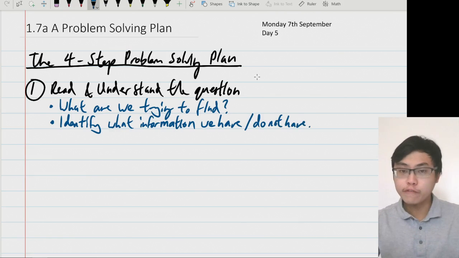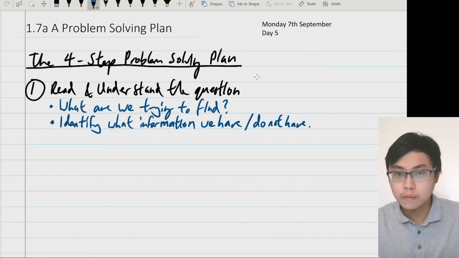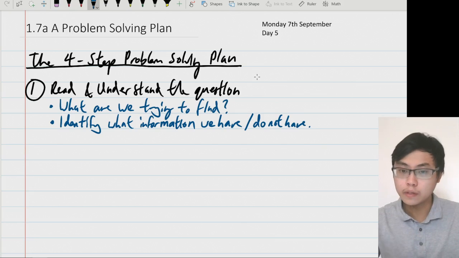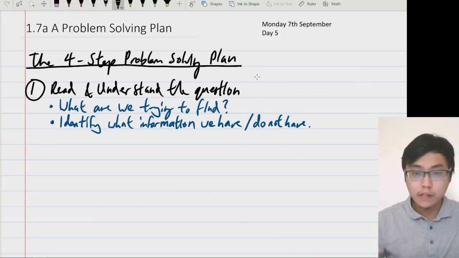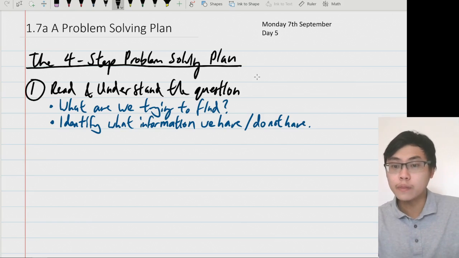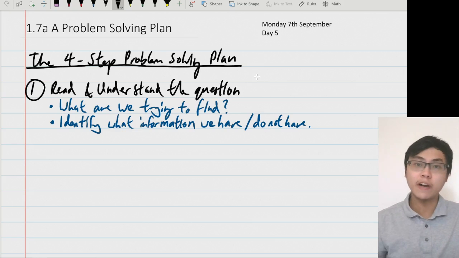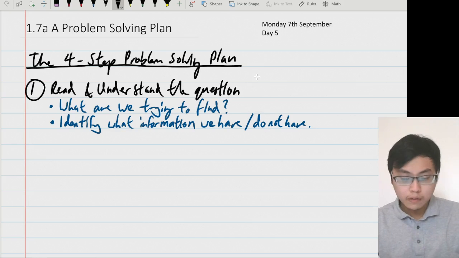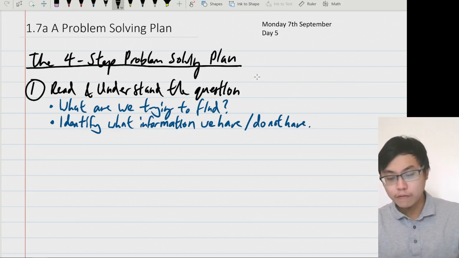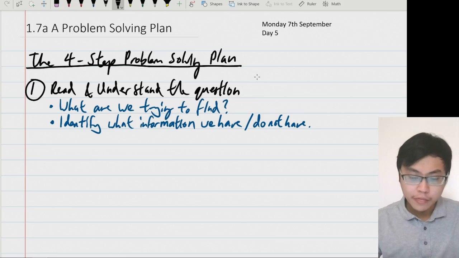Knowing what information we don't have is also important because that might be part of the strategy, and that might be part of the plan as well. We have to first identify some of those unknown things, and then we can find out our problem in the end.